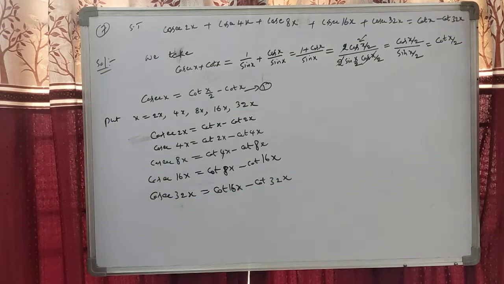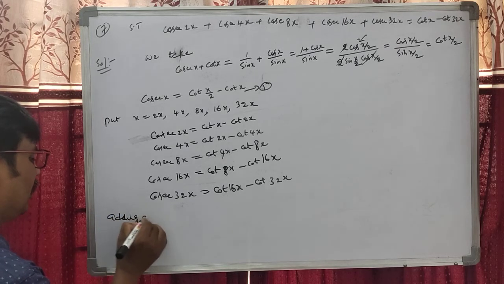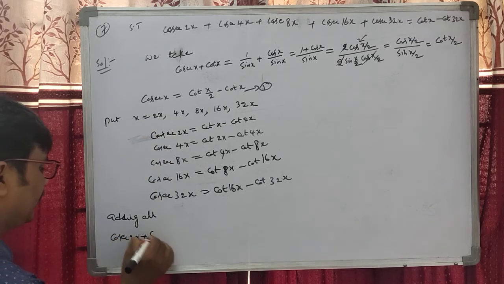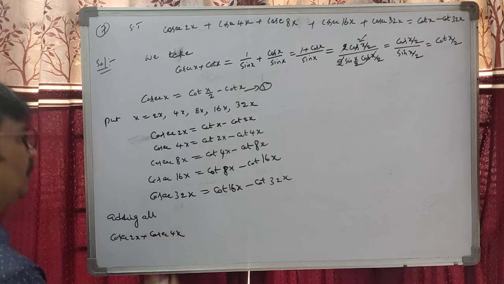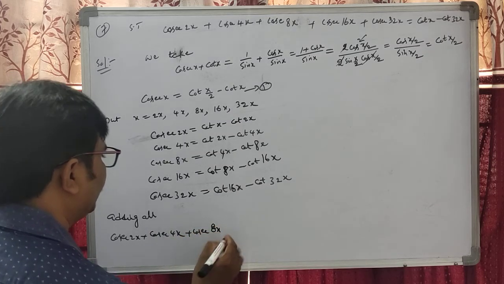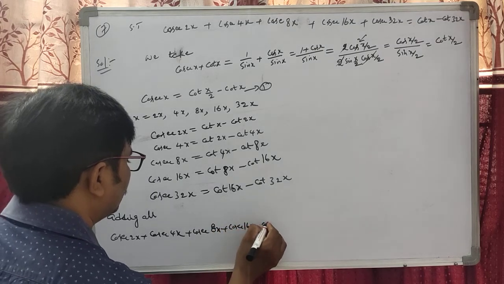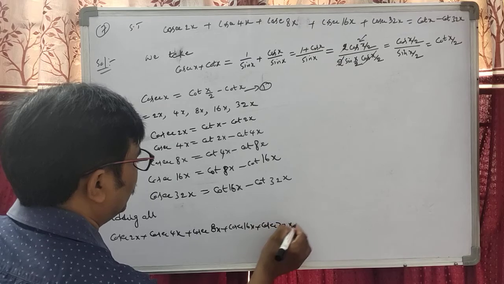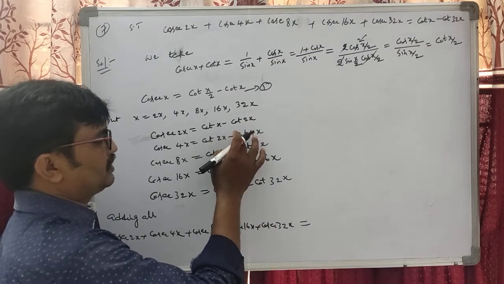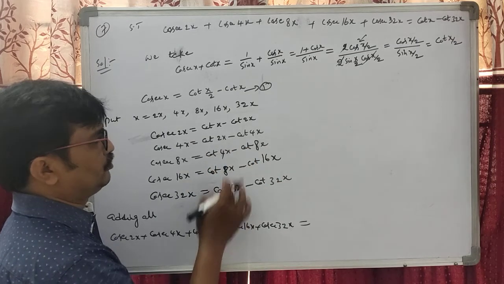So adding all these, cosecant of 2x, cosecant of 4x, cosecant of 8x, cosecant of 16x, cosecant of 32x, and the terms minus cot, plus cot, minus cot, plus cot, minus cot x plus cot x, minus cot 16x, these are all cancelled, students.